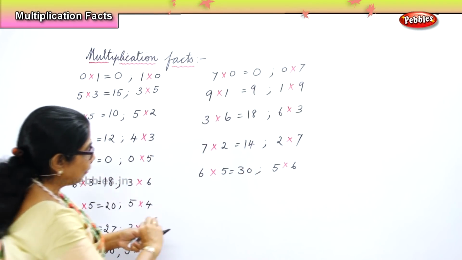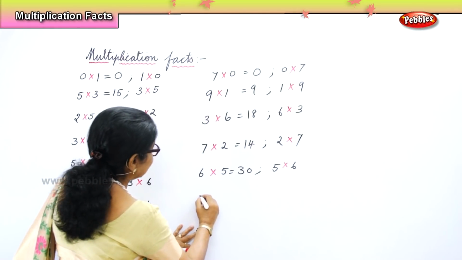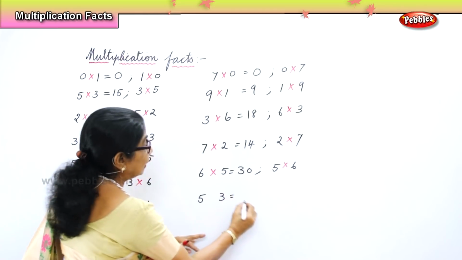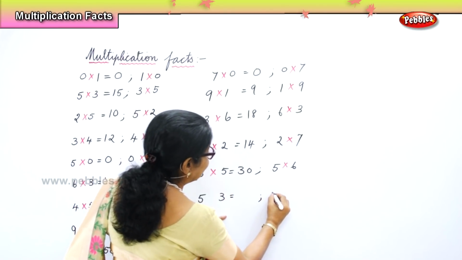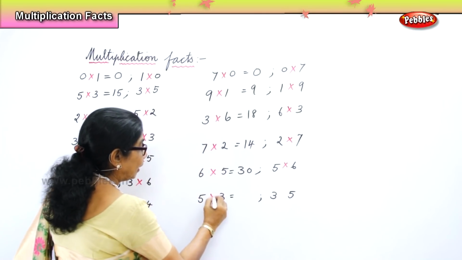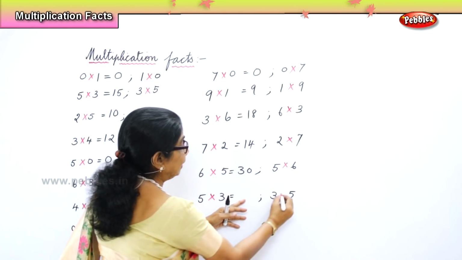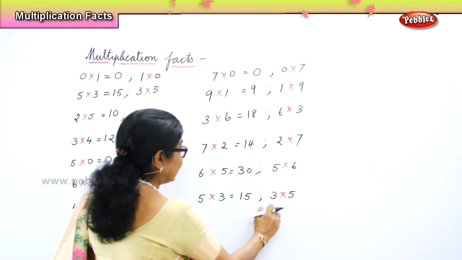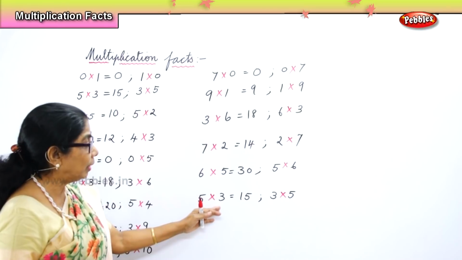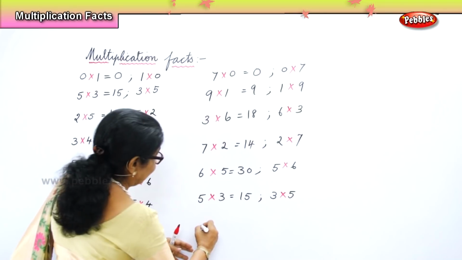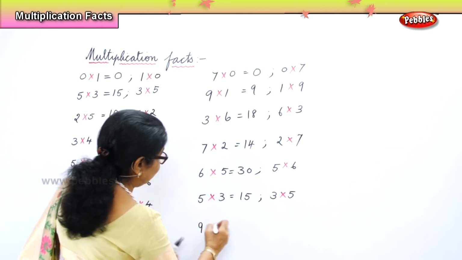Now let's take 5. 5 into 3 is the same as 3 into 5. 3 fives are 15.